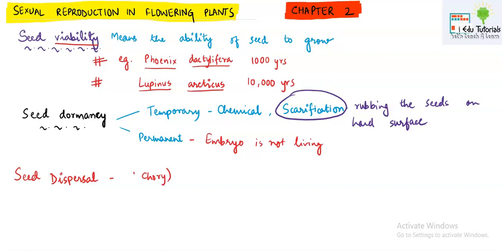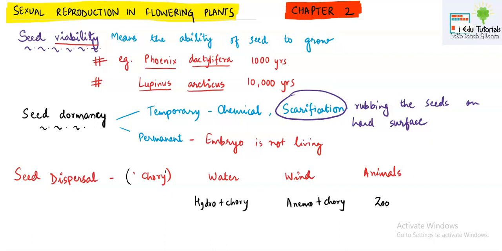Seed dispersal may happen through water, through wind, or with the help of animals. Generally, these three factors are the most important ones, right? So, if it is happening through water, then we will use the term hydro and add chory to it. If it is happening through wind, we will add the word anemo first, and then chory.